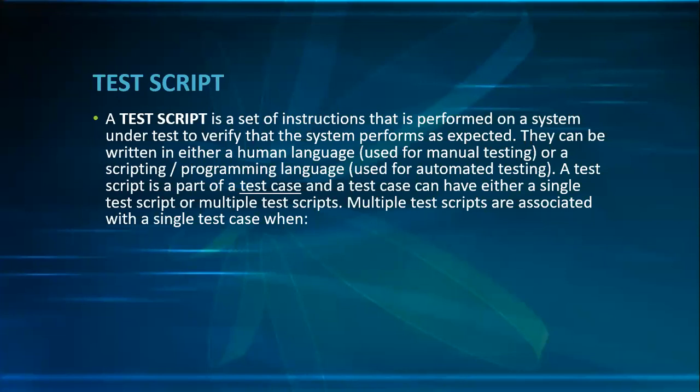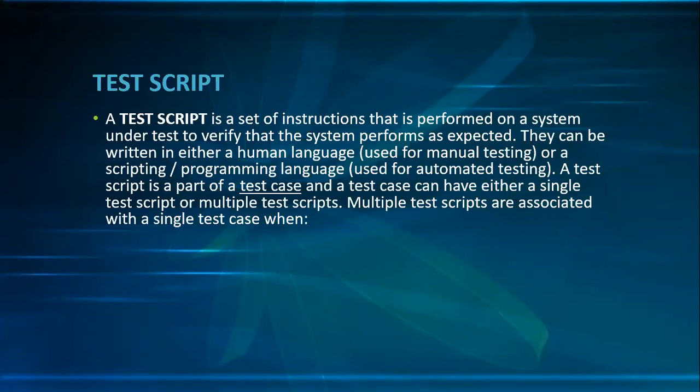But I know this is kind of much information. You will understand what I am explaining when you see it in practical. Just have it that it is a set of instructions that is performed on a system under test. What is a system under test? A system under test is, for example, when you are going to be working on a project. You will be in a project group.